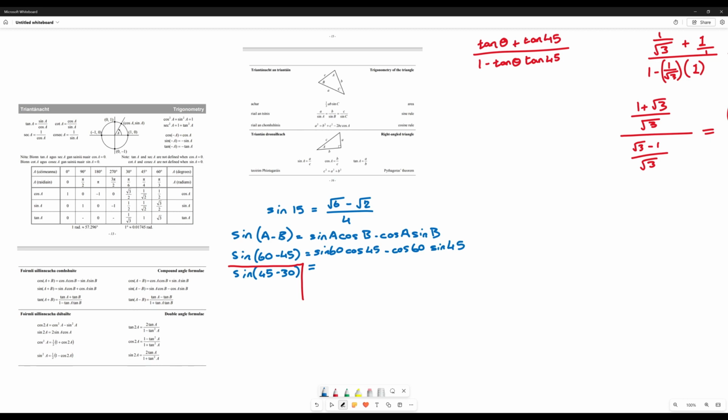Sine of 60 would be root 3 over 2. So that's him sorted. The cos of 45 would be 1 over root 2. Minus cos of 60 would be a half, obviously. And then sine of 45 would be 1 over root 2 again.